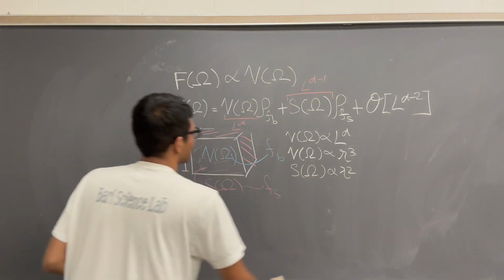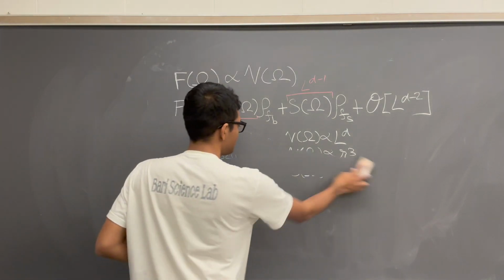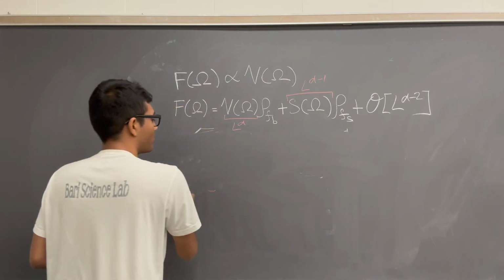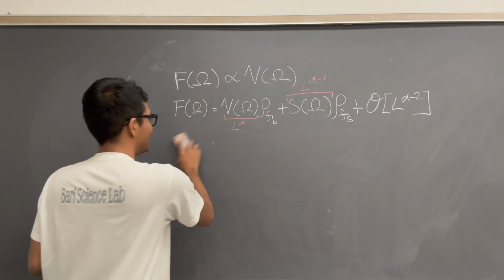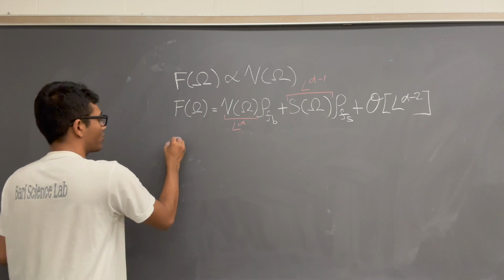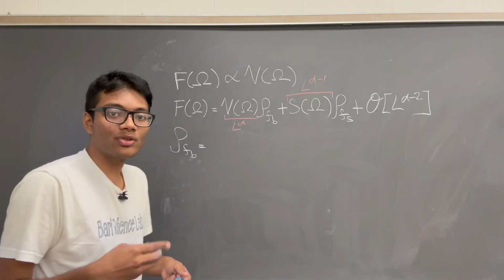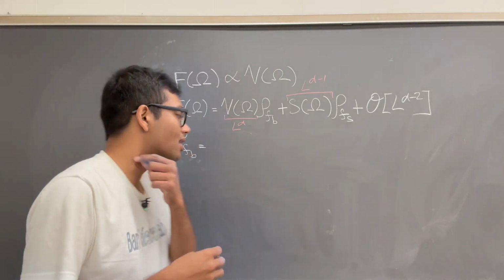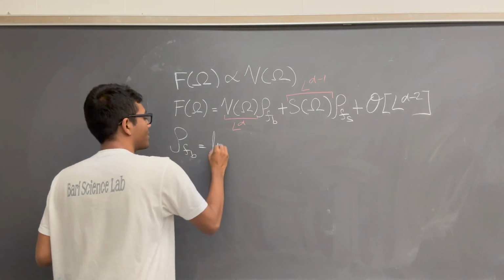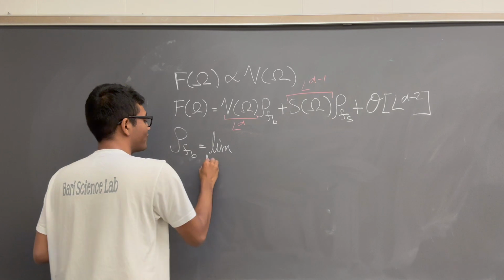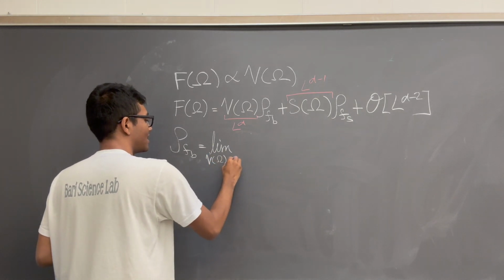So now if I want to solve for the density of the bulk free energy, F sub B, the first thing I have to do is take the thermodynamic limit of my system, as the volume of my system approaches infinity.